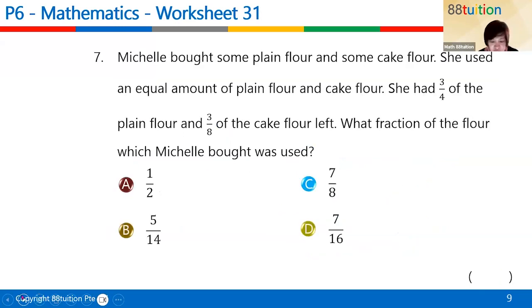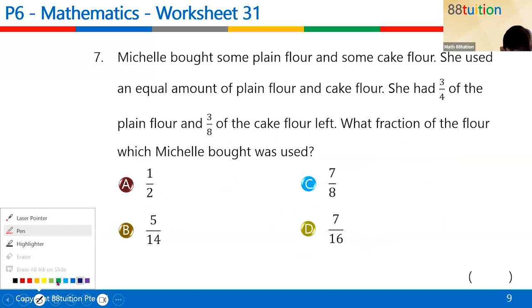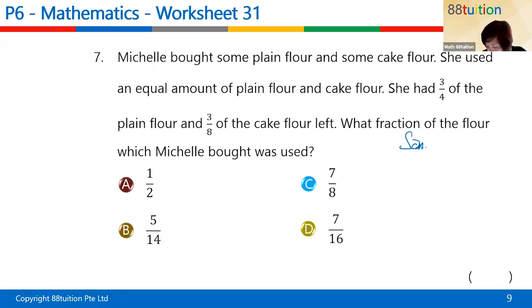Question 7. Michelle bought some plain flour and some cake flour, and she used equal number of plain flour and cake flour, and had 3/4 and 3/8 of the flour left. What fraction of the flour was used? This one we did before. We call it the same method. I'm not too sure if you remember, or for those who have just joined us, we call this the same method.